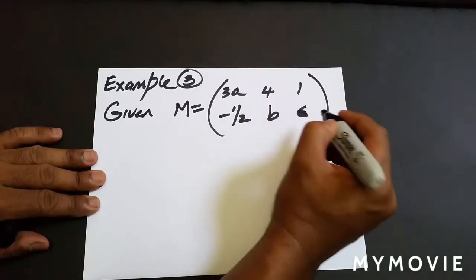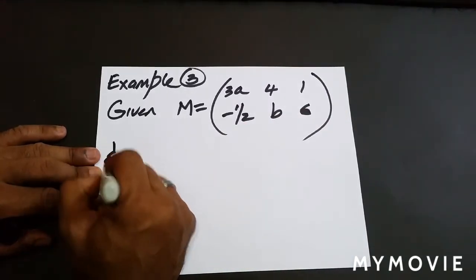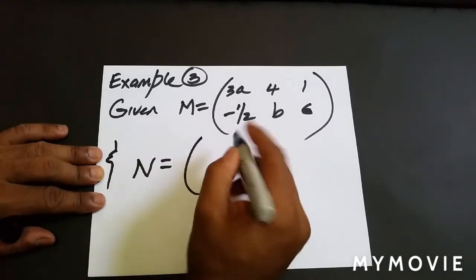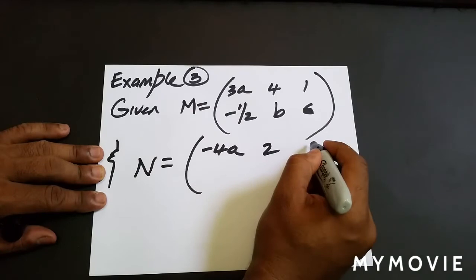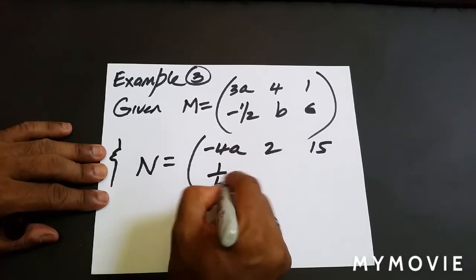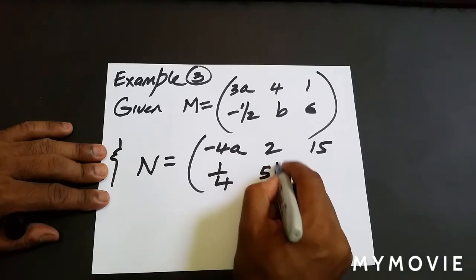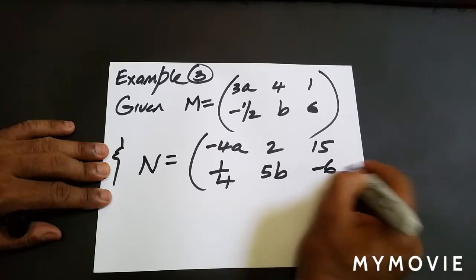All right, this is a 6. And N equals minus 4A, 2, 15, a quarter, 5B, and let's put this at minus 6.